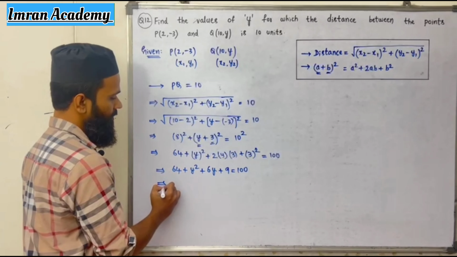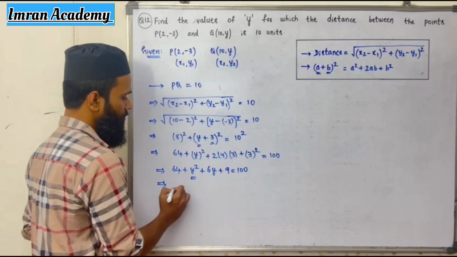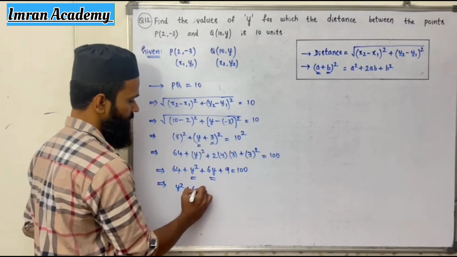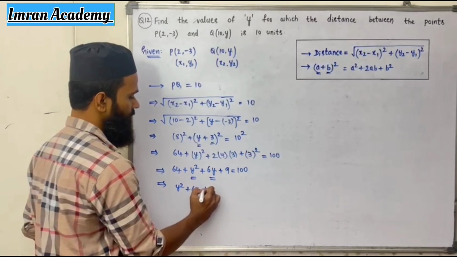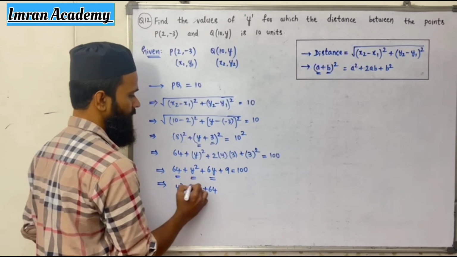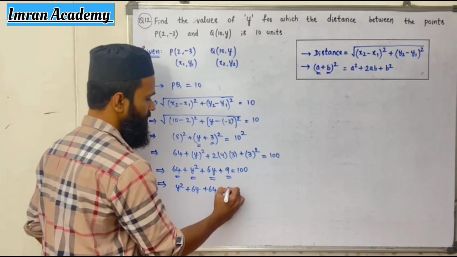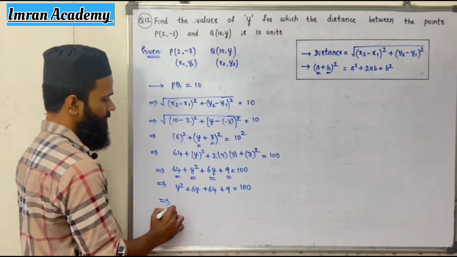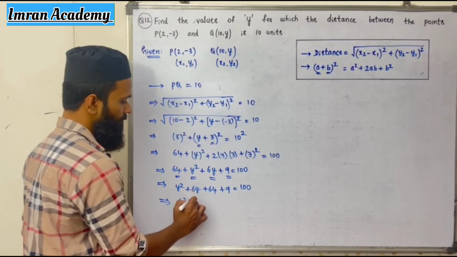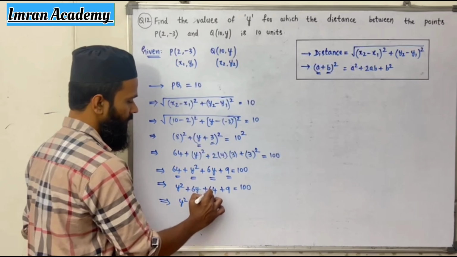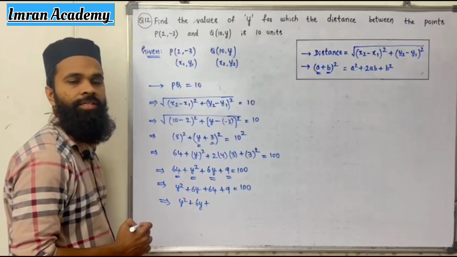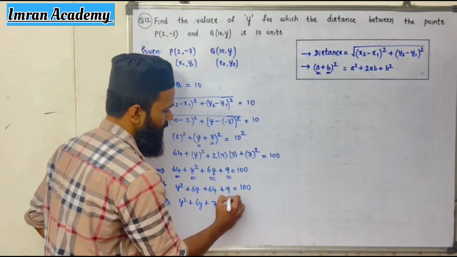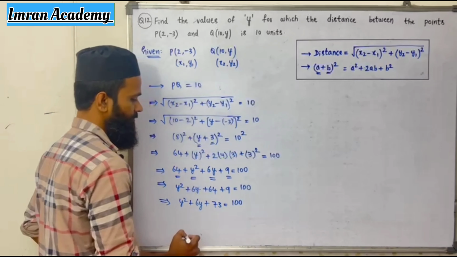It implies here first we write y square plus 6y plus 64 plus 9 is equal to 100. That implies y square plus 6y plus 73 is equal to 100.